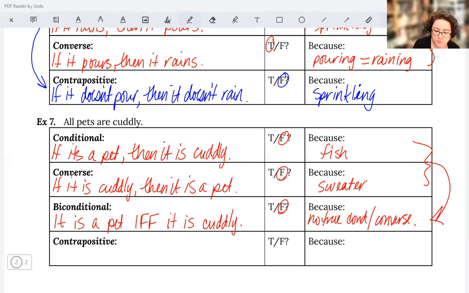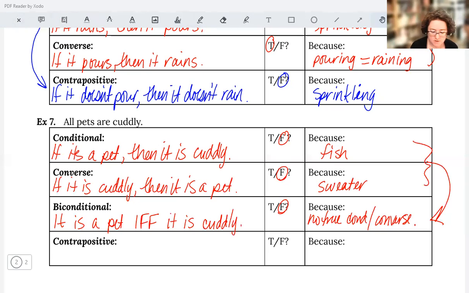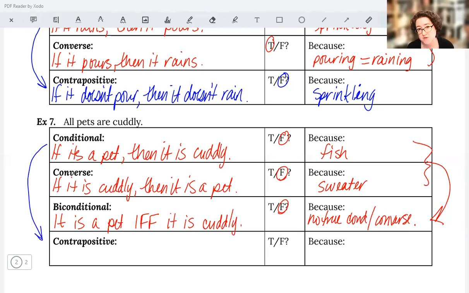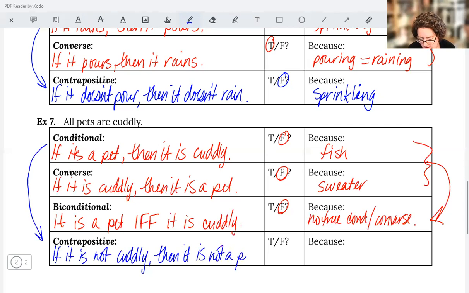And then our contrapositive. So again, switch and flip from your conditional statement, always using the plain conditional statement to write this. So if it is not cuddly, then it is not a pet.